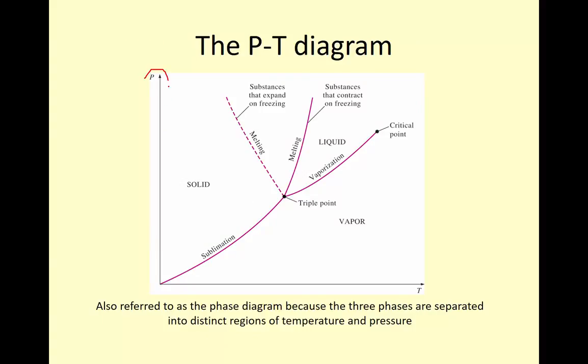So as I mentioned before, if we look at the PT diagram rather than the PV diagram, the triple line occurs as a single point. It's like we're looking at this 3D cube on its end. So at the triple point, that is where we would have a solid, liquid, and vapor existing in the same state. So at a certain pressure and a certain temperature, that will occur for a given substance.